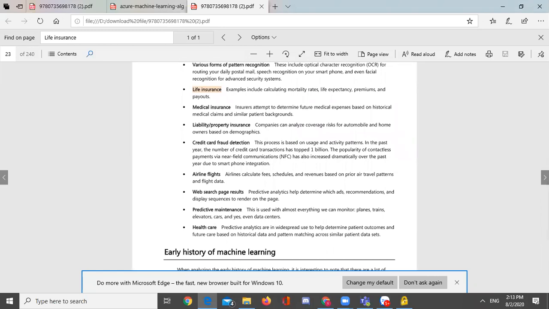Let's see. What do you guys want to do next? Healthcare. Let's do that. So in healthcare, for example, predicting how many cases of COVID-19 are already there in your city based on the number of patients you have now.